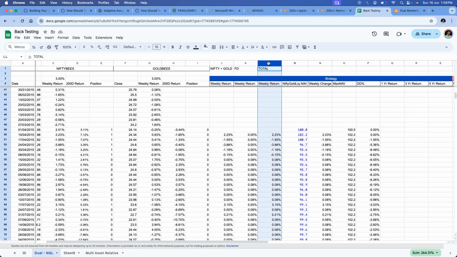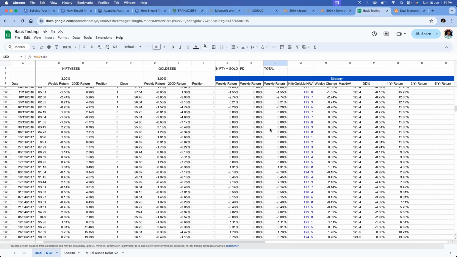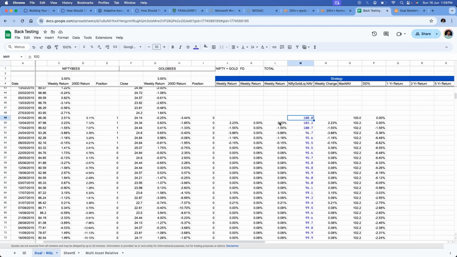Now we are finally one step closer to the equity curve. We have got the weekly returns of the strategy from the start till the end. The next step is to multiply the weekly returns of the strategy with the base number to build the equity curve.